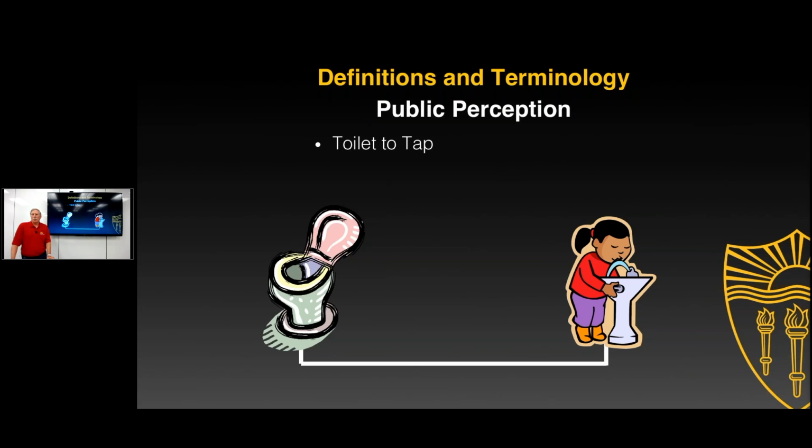Some people assume, and there's a little illustration here showing somebody drinking toilet water. Of course, that was never the intent. But again, the public perception of recycled water and gray water was greatly misunderstood. And this is where we found a lot of educational information may not have been provided early on in some of these programs to get people to understand.